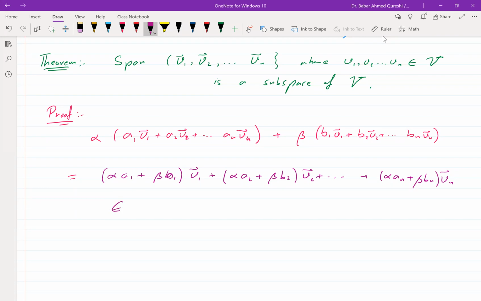So this does belong to the span of this set. So that means we have proved that the span of any number of vectors, this n was completely arbitrary, is always a subspace.